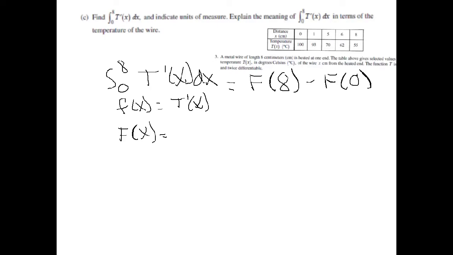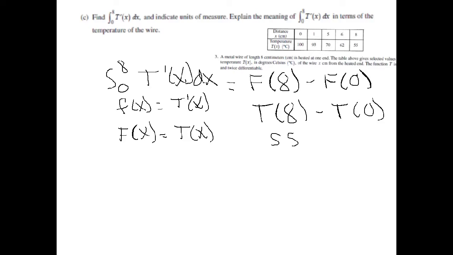So it stands to reason that big F of x is the antiderivative, which would just be T of x. So this is equal to T of 8 minus T of 0, which is equal to 55 minus 100, so it's going to be negative 45.